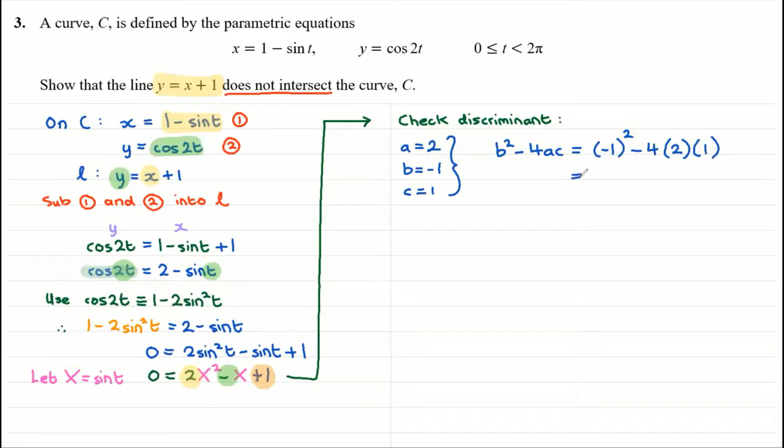So that's going to give us 1 when you square -1, subtract 8, which is equal to -7, which is strictly less than 0. So that means that there are no real solutions. There are complex solutions, but no real solutions.